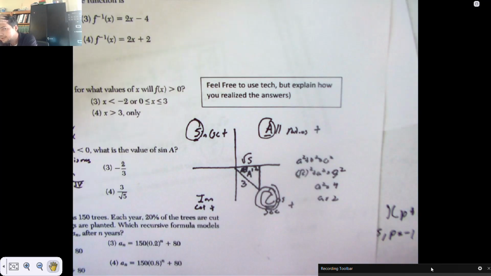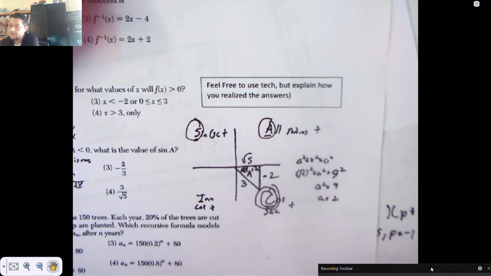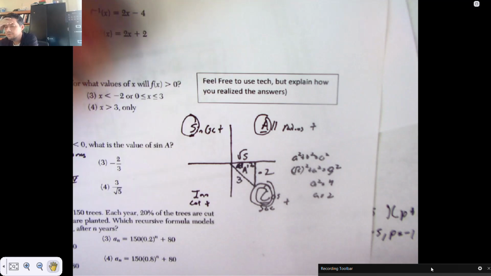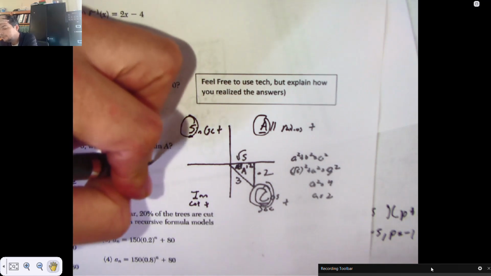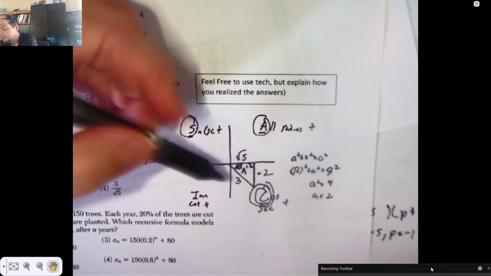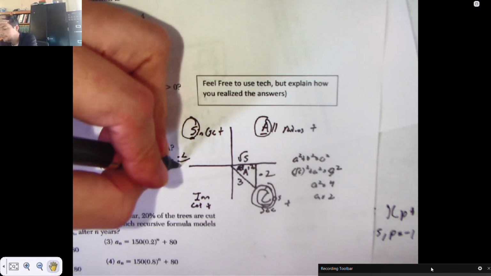Now, here's the issue. Direction. This imaginary triangle, and it's not really there, it's just to help you out, fell 2 units. Okay, so the sine of alpha, or sine of A here, would be opposite, negative 2 over 3.